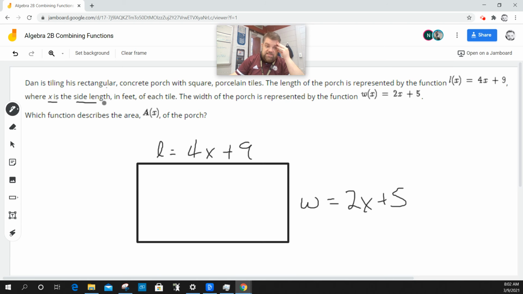And x is the side length of these square porcelain tiles, where this is x and this is x, because it's a square, right?